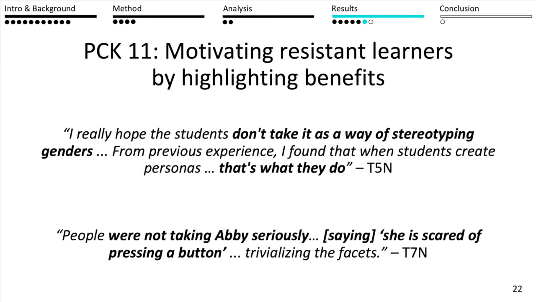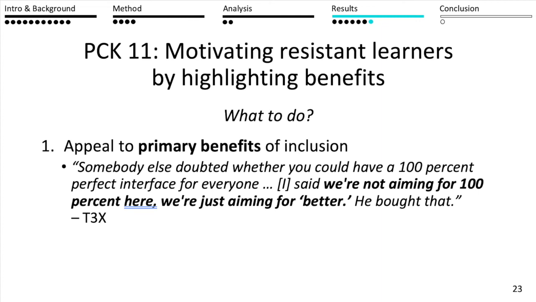Okay, let's see here. Resistant learners. So one person was really worried about stereotyping, and we've seen it. Some people are not taking Abby seriously, or Pat or Tim. They'll make them into caricatures of whatever they really are. And so among the things that really work, I've heard people say, well, this isn't worth anything because you can never have 100% perfect interface.